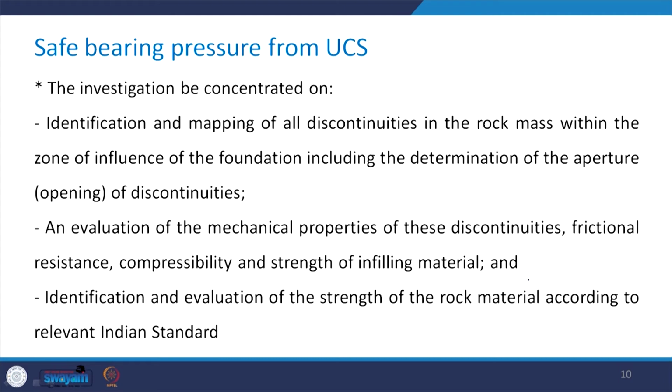You have seen that depending upon the orientation of the discontinuities, there is going to be a different extent of the pressure bulb in different cases. So, the depth to which the pressure bulb extends below the footing is what we call the zone of influence. It is not only the zone of influence that we must know, but we should also know about the aperture or the opening of the discontinuities.